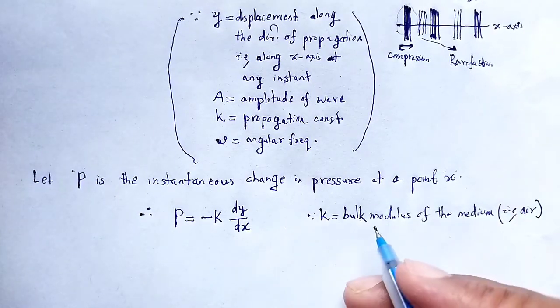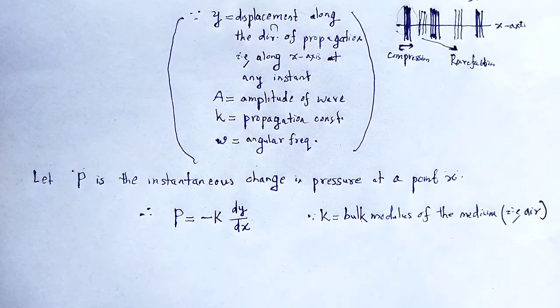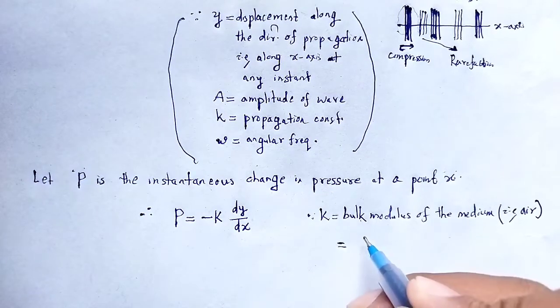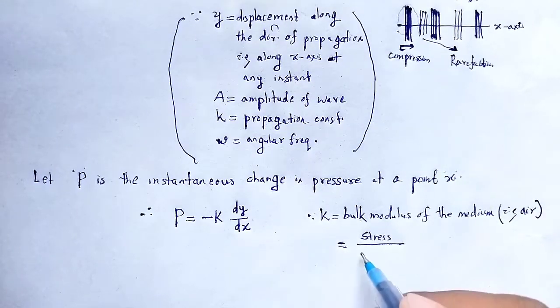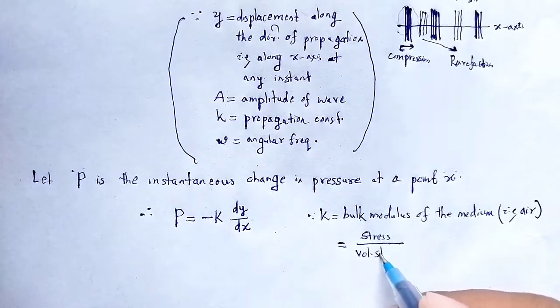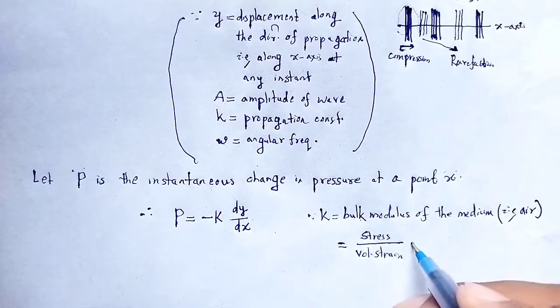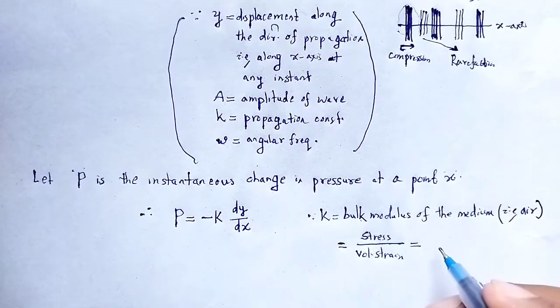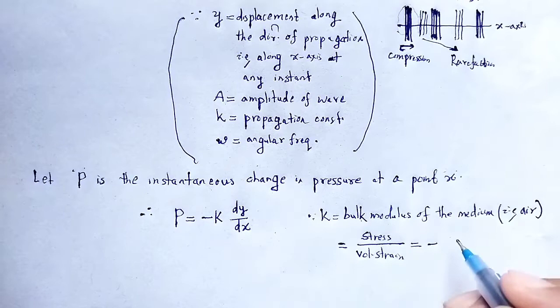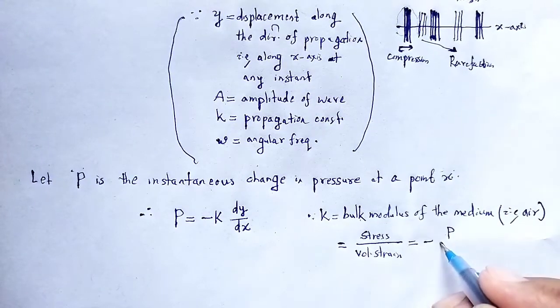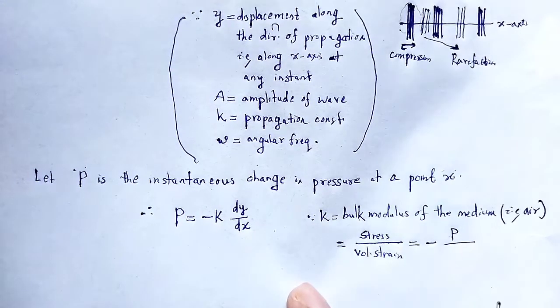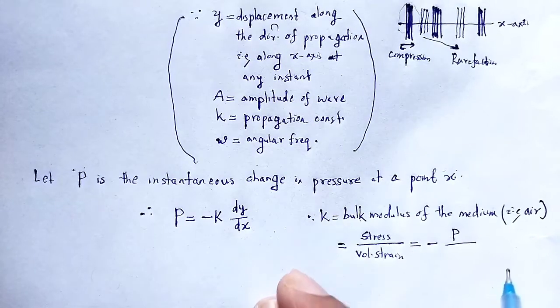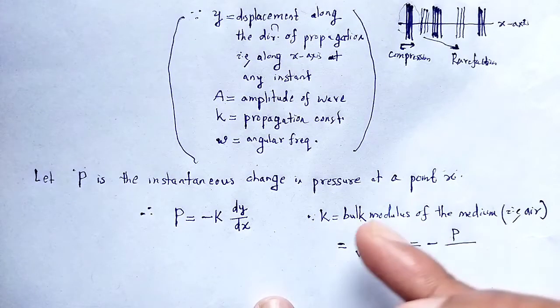So the bulk modulus, we define it as stress per volume strain. And it is negative, so negative stress, that is P, over volume strain, change in volume by original volume, and the volume is area into length.